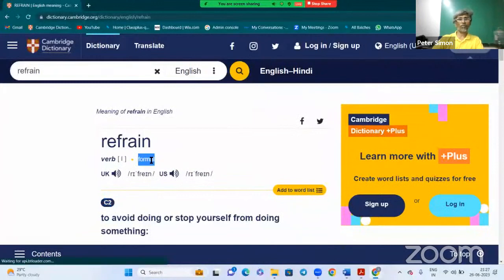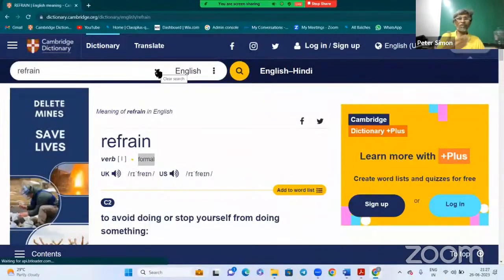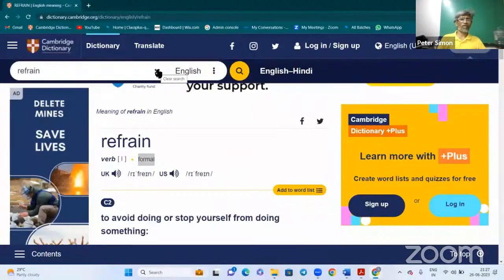Formal means highly formal, found in books only. Normally people don't use this word in oral. It's a bookish word, written form they use. So orally you say avoid driving. So refrain is C2 vocabulary.